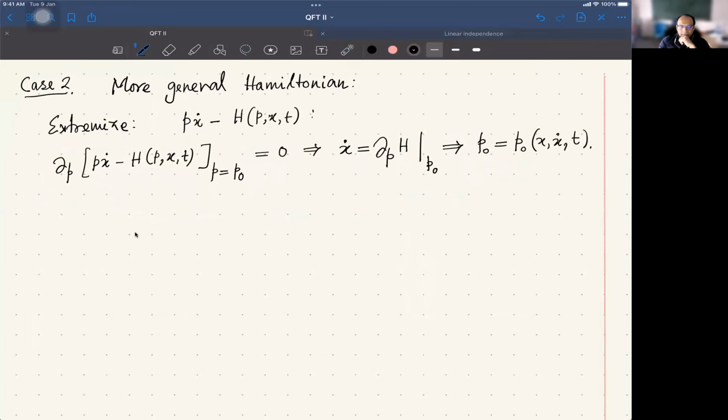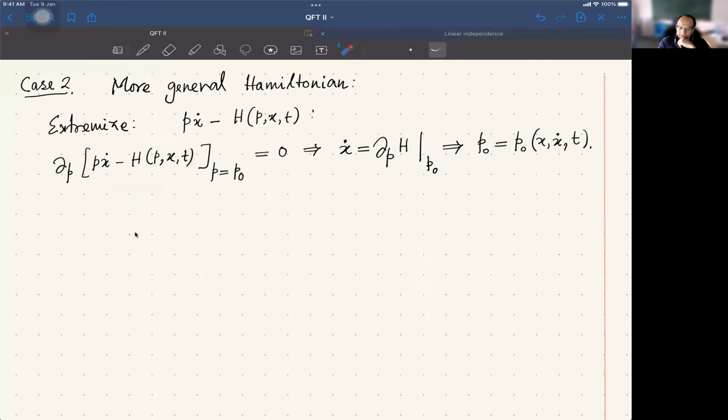So what we have done is extremize this function of arbitrary p, and we have found a functional form for p0 in terms of x dot and t, which would extremize this.